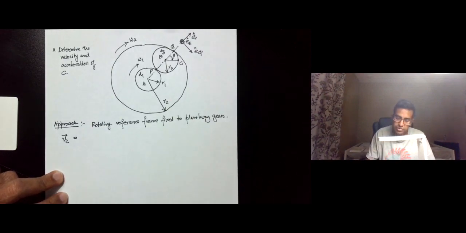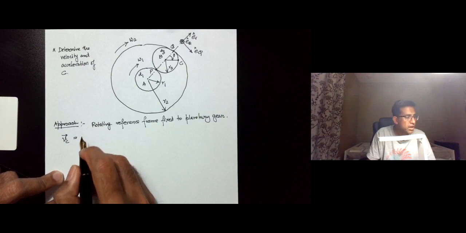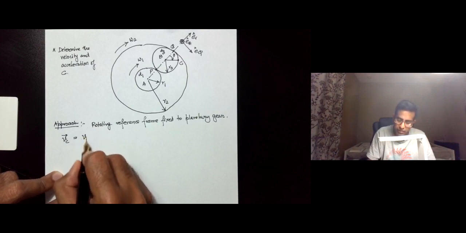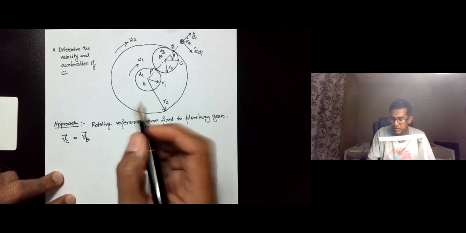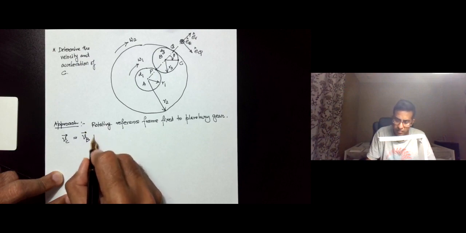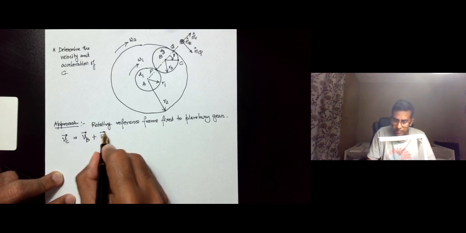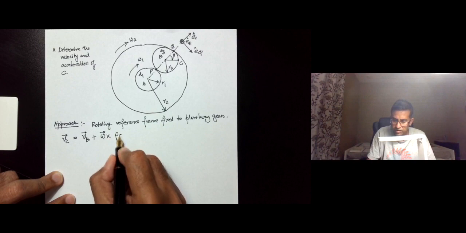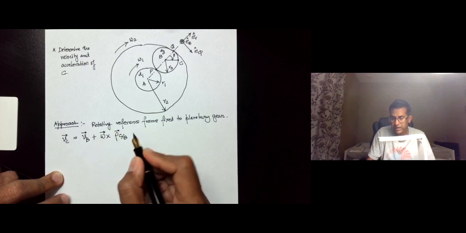We just need to be a bit judicious of the choice of the point, because that can help us in calculations. So here I'm going to start by saying that Vc is equal to Vb, a clear choice because B is the center of that gear, plus omega cross rho c with respect to B.